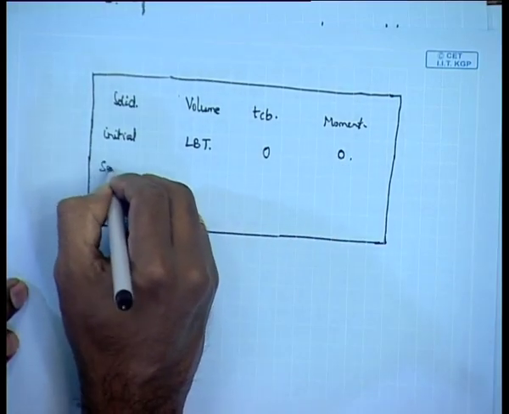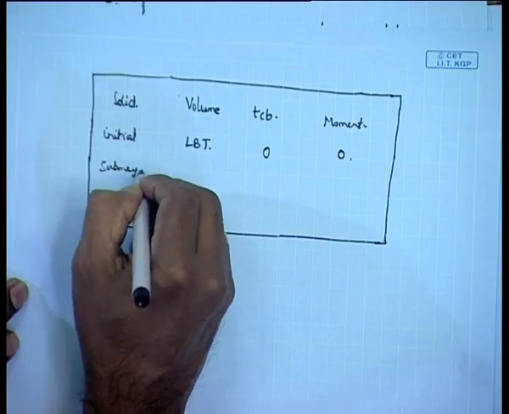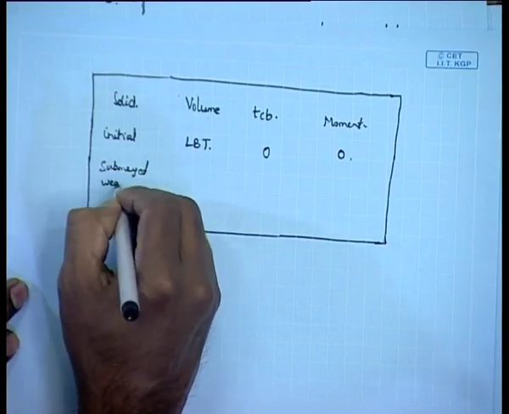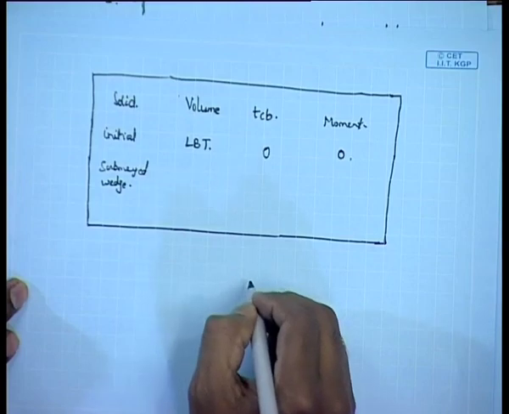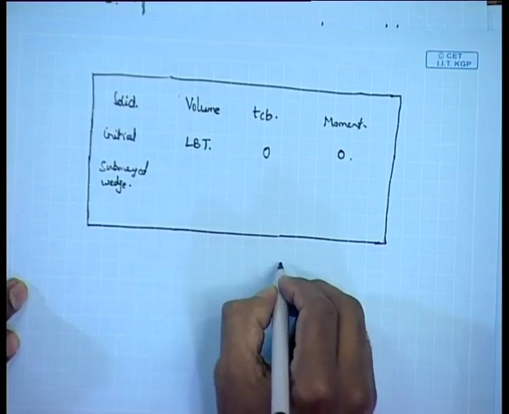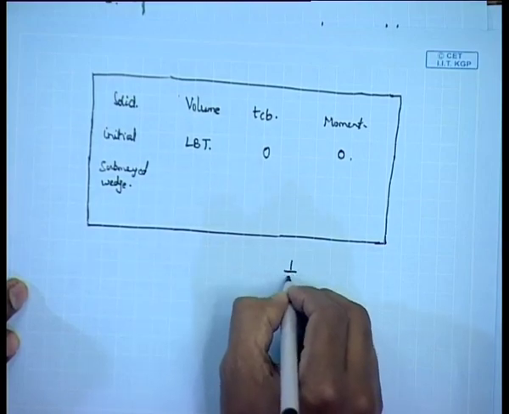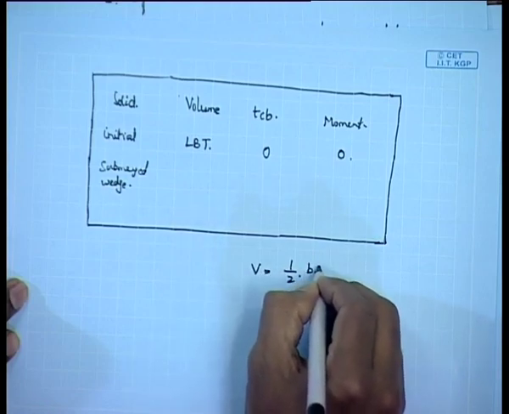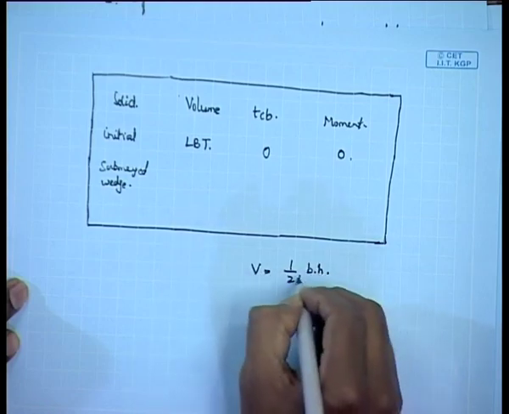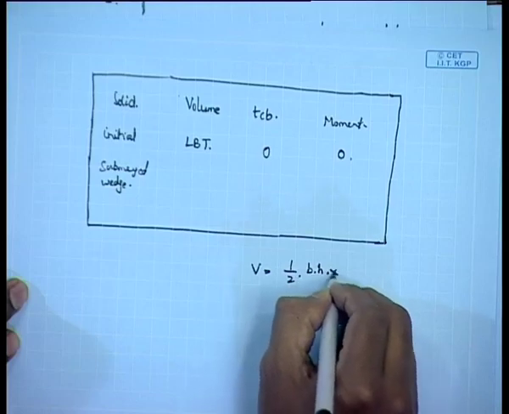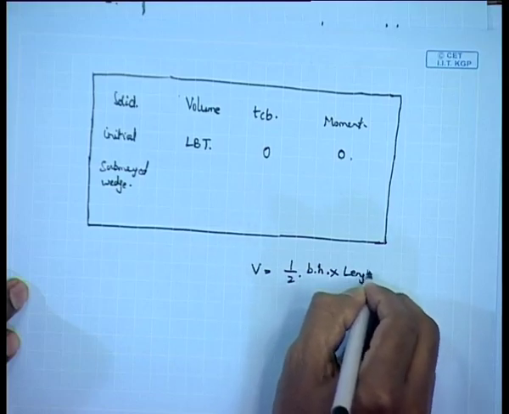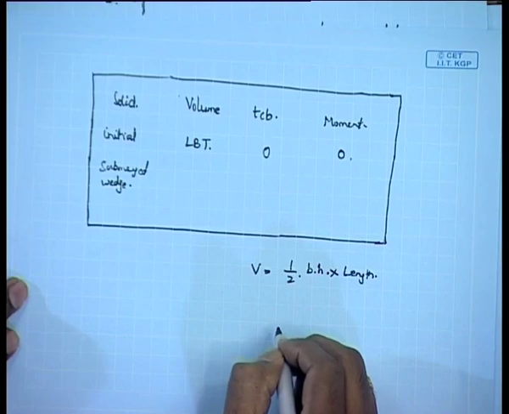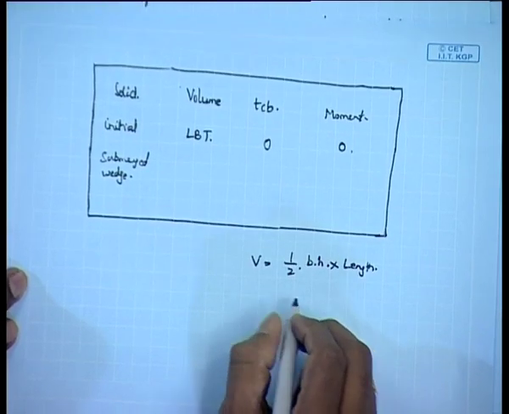Then there is a submerged wedge. For the submerged wedge, its volume is equal to half base into altitude, which gives you the area, into length. So this will give you the volume of the submerged portion.